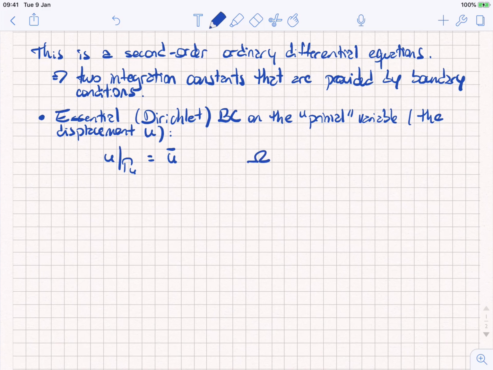Omega is our bar. That is a subset of the reals. This is where I have to make sure that my equilibrium equation holds. But this is actually an open set. That omega does not include the endpoints, or what we refer to as a boundary.